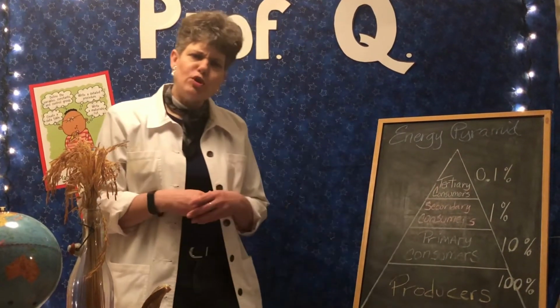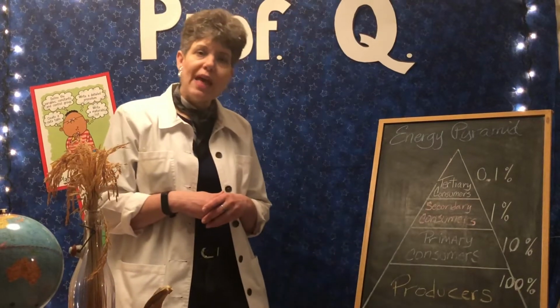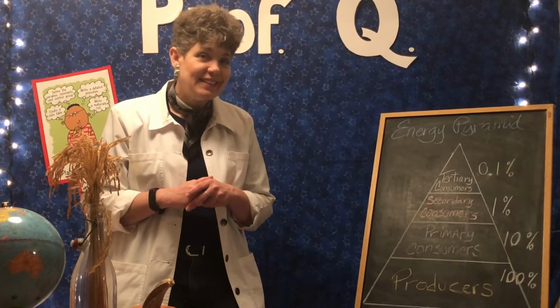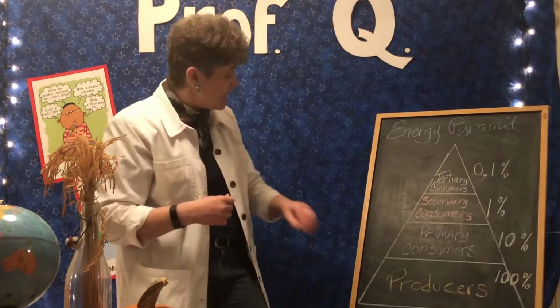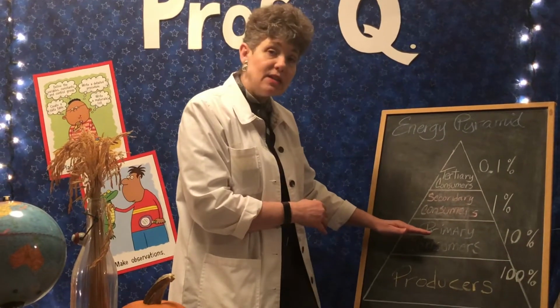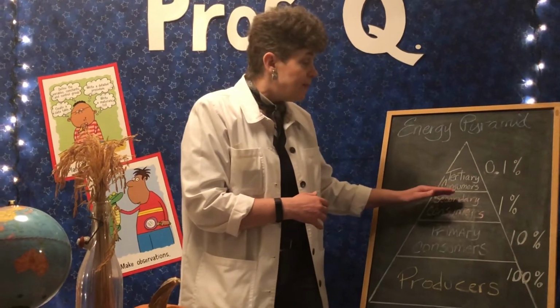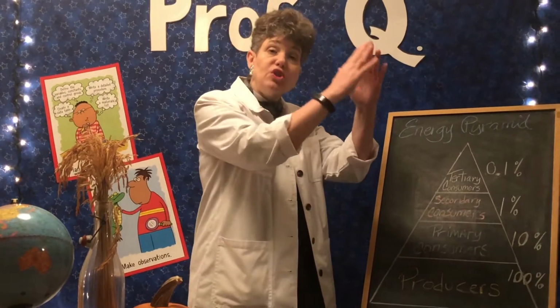Can you make an observation about the different levels overall in the energy pyramid? Great, that's right. As you see, as each organism lands in each one of these levels, it starts to get smaller and smaller.